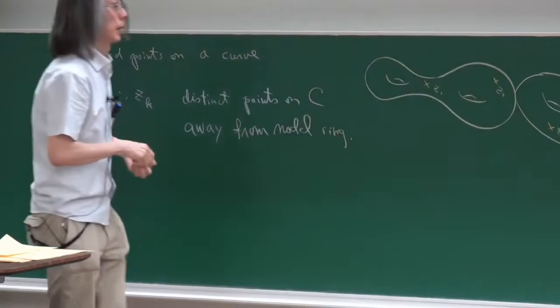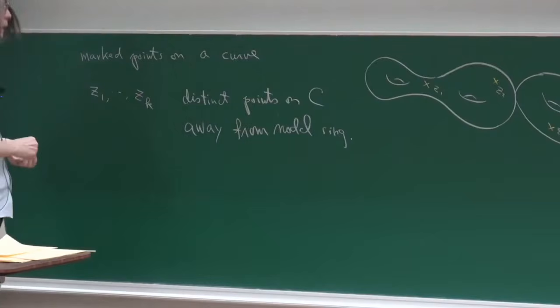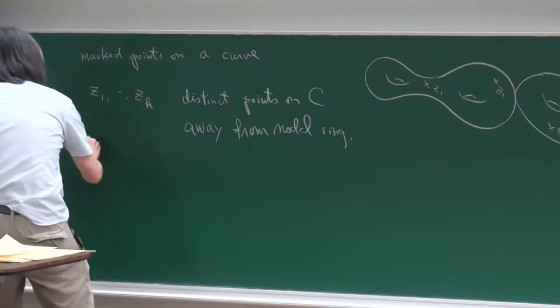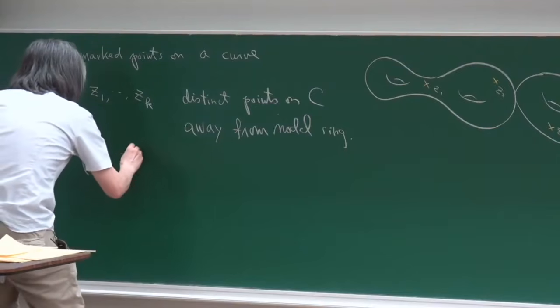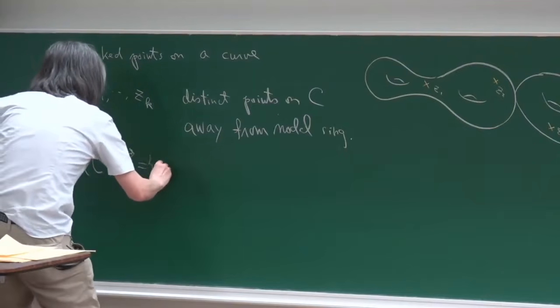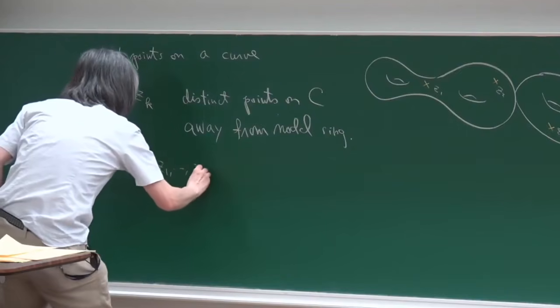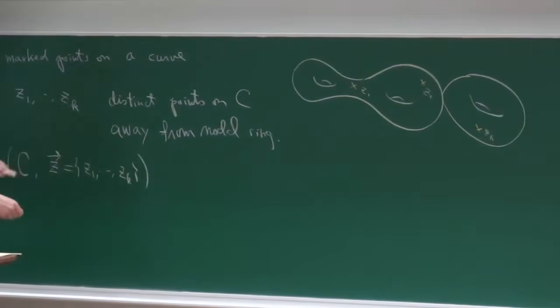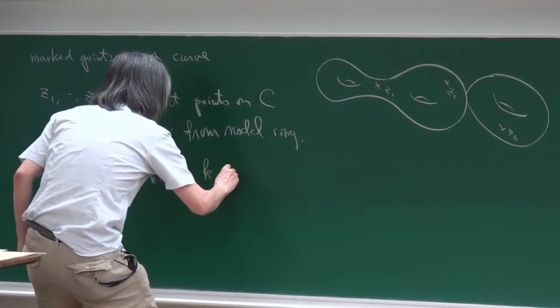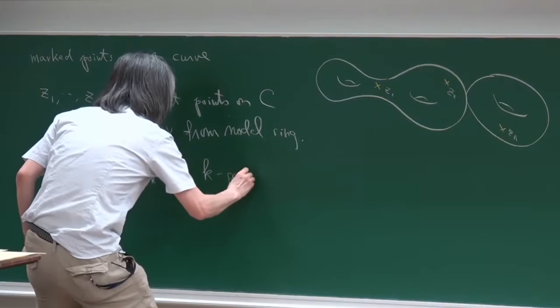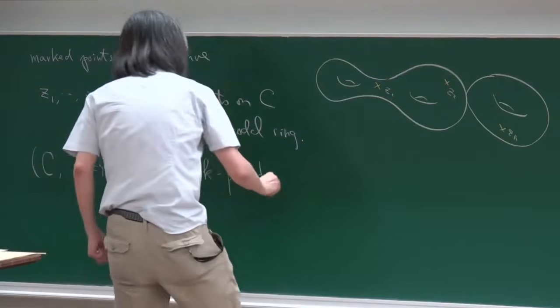Something like this. And okay, so sometimes you consider this C, maybe I denote by Z vector. Z vector is this Z1 to Zk. Okay. So this thing we may call a k-pointed pre-stable curve.